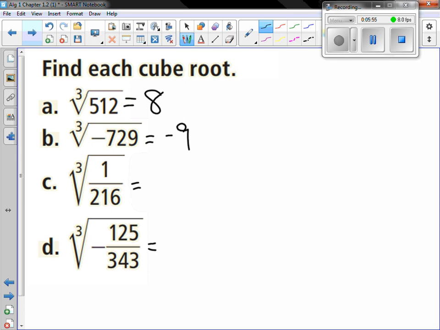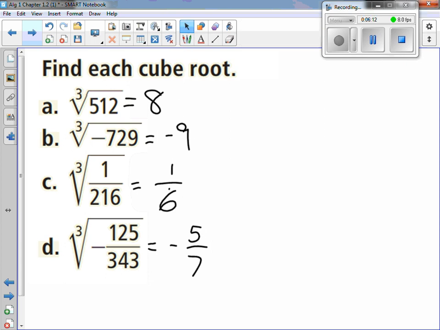Yeah, it is 4, isn't it? 1/4? 6. 6. 128 is 4. And then this one here should be negative 7. And that's it. Questions on this here? Pretty easy? Okay.